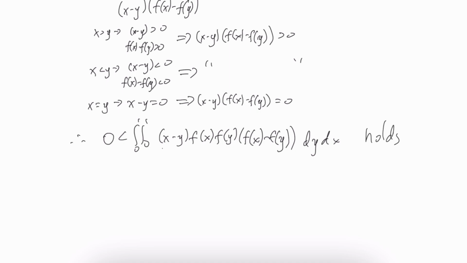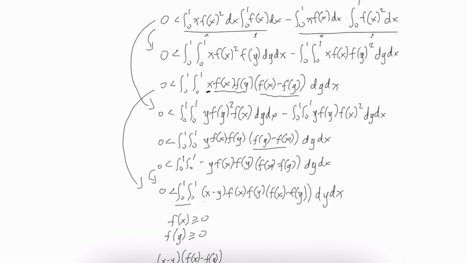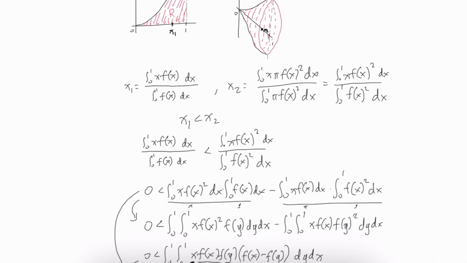And because this holds, we're done. Because we can just go backwards, we eventually get that x1 is less than x2.